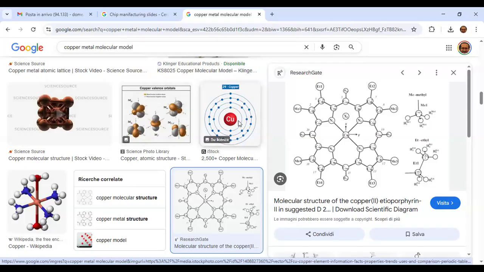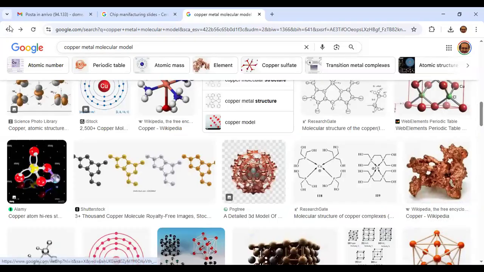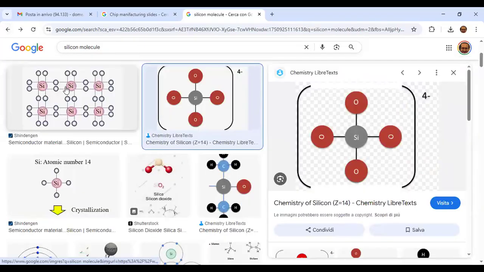Because the central atom, we can say the nucleus, is immersed in a sea of electrons, they are very free to move and very free to conduct the current. That's the same situation as silicon when we give energy, okay? When we do not give energy, of course, these electrons are a little bit bound, so they cannot move.